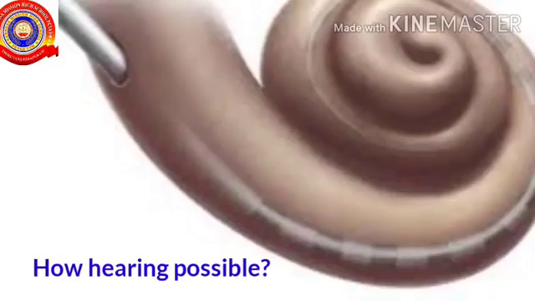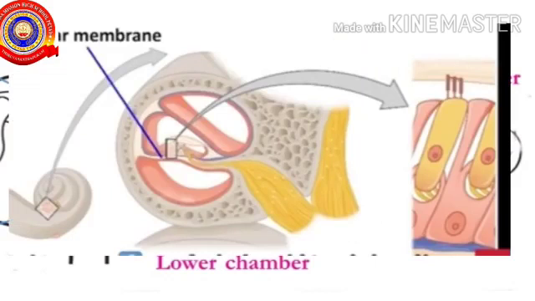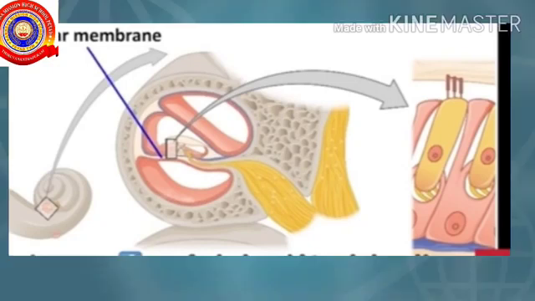The cochlea is a coiled tube-like snail shell. In this diagram, you can see upper chamber, lower chamber and middle chamber. Specialized sensory hair cells are present in the basilar membrane that separates the middle and lower chamber, where there contains auditory receptor.